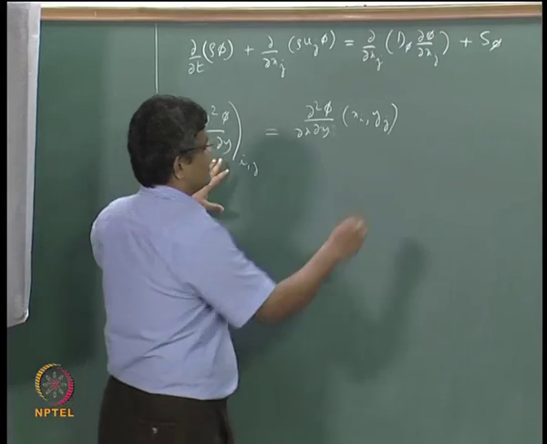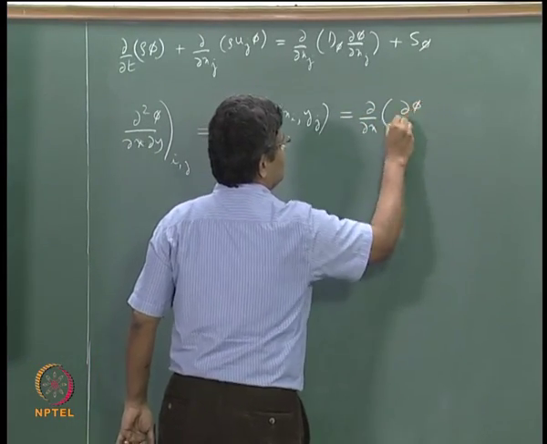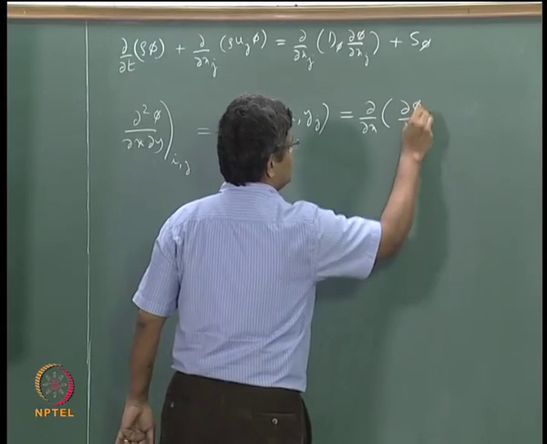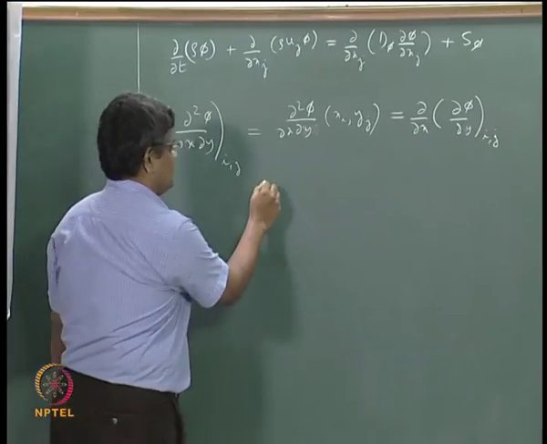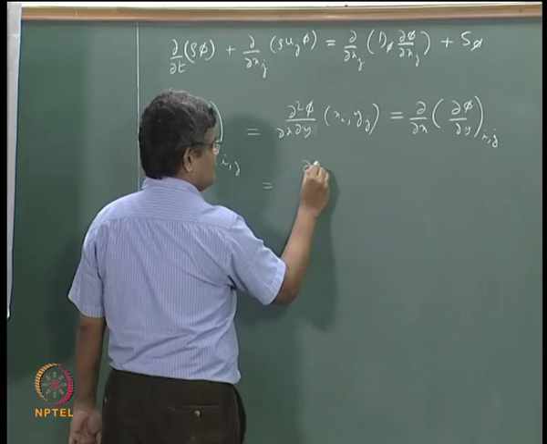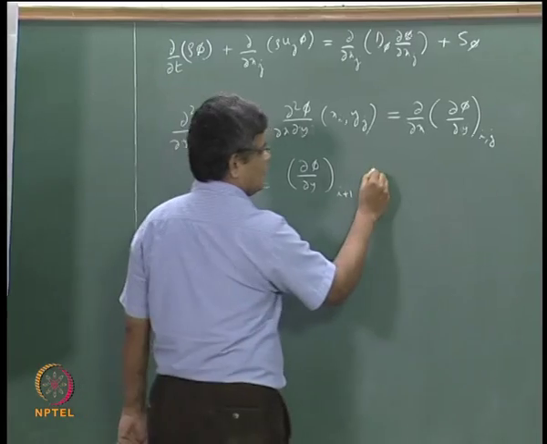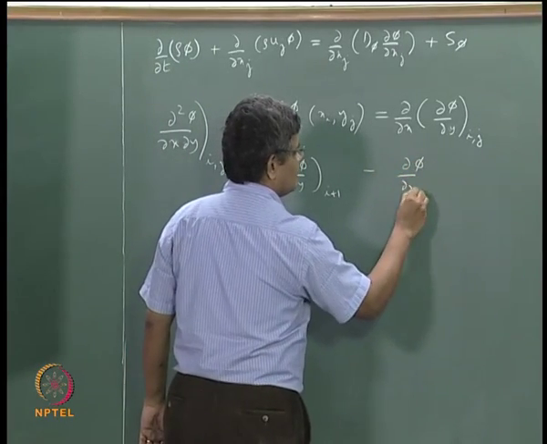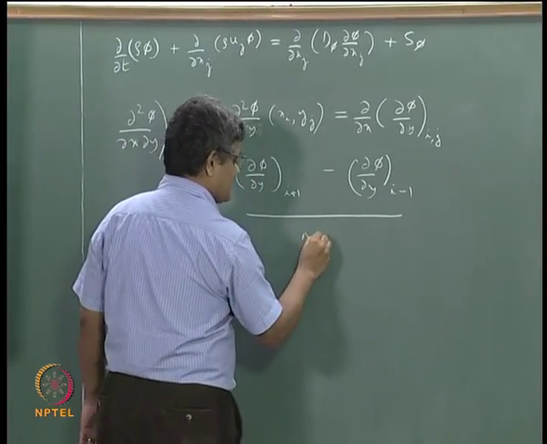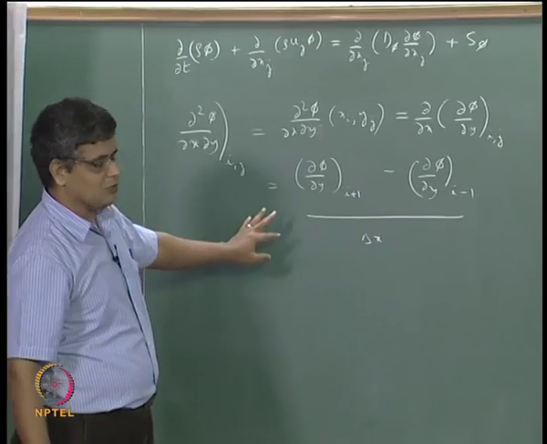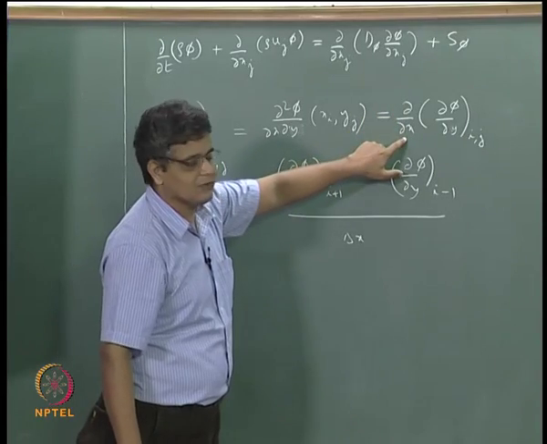So we can write this as dou by dou x of dou phi by dou y at I comma j, and we can write this as dou phi by dou y at I plus 1 minus dou phi by dou y at I minus 1 divided by delta x. So in so doing, we are making use of central difference approximation for the derivative with respect to x.